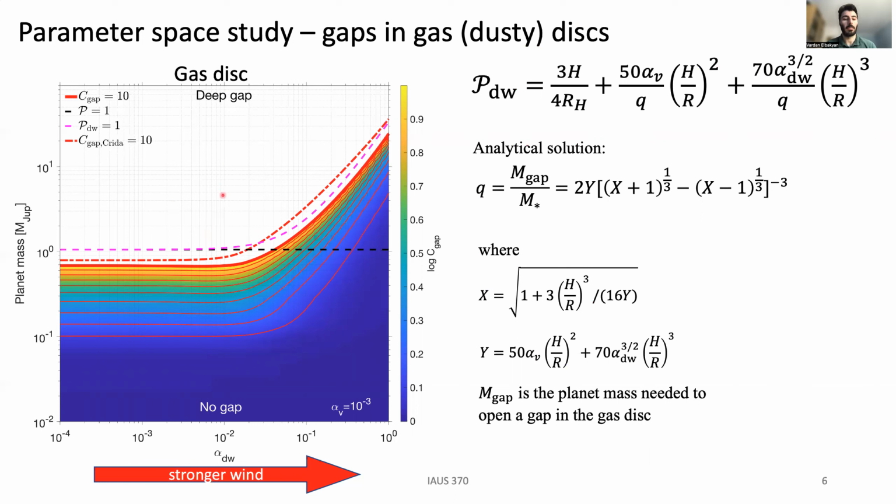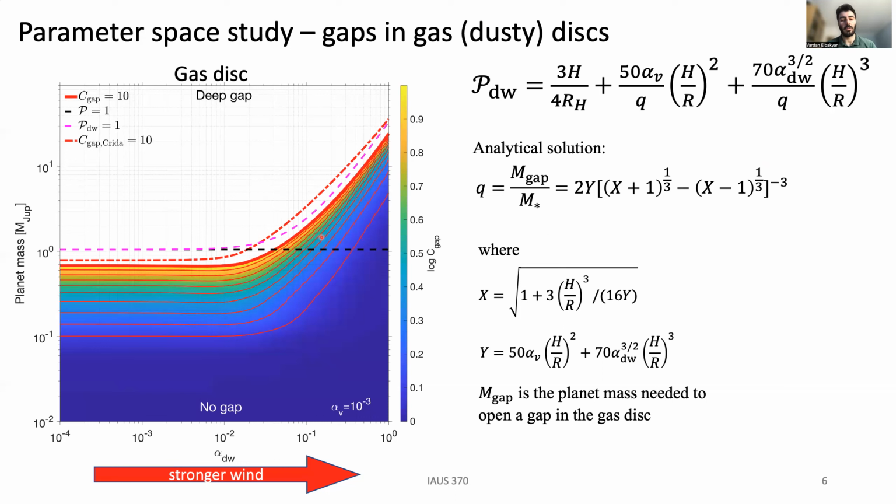We are not showing them here, but below this line the gap is opened partially, and the gap contrast is shown here by color. What is important, we compared our results with the analytical solution of this equation, which has this form, and it is shown with this magenta dashed line. As you can see, the agreement is quite good.